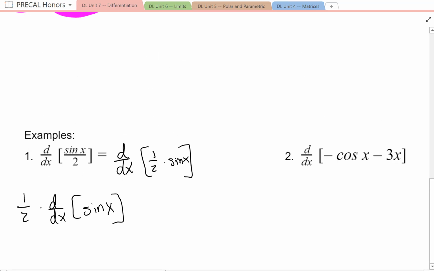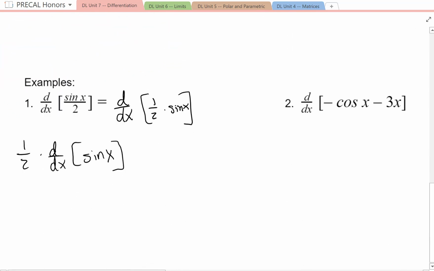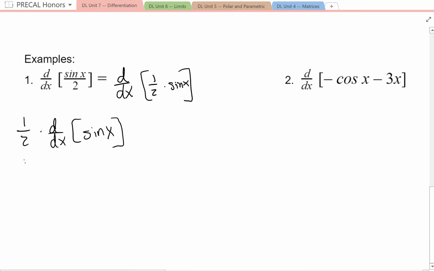We just learned that the derivative of sine x is cosine x. So 1/2 times cosine x, and that's our derivative, 1/2 cosine x. Also, you can write it cosine x over 2. That's the derivative of sine x over 2.